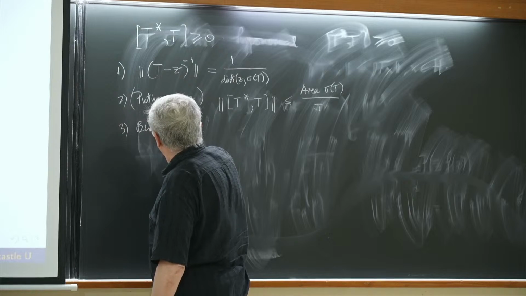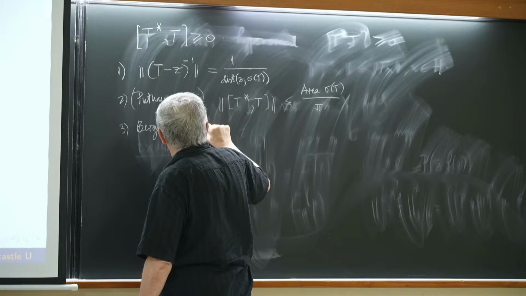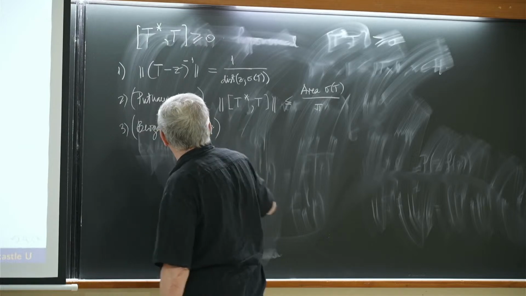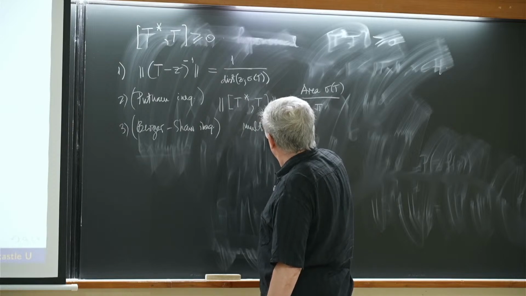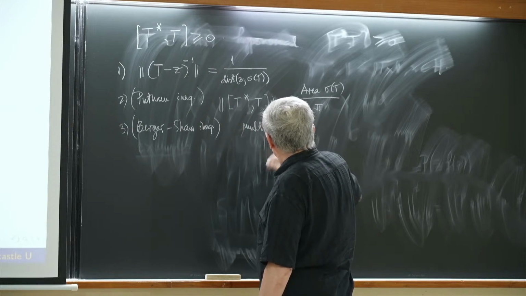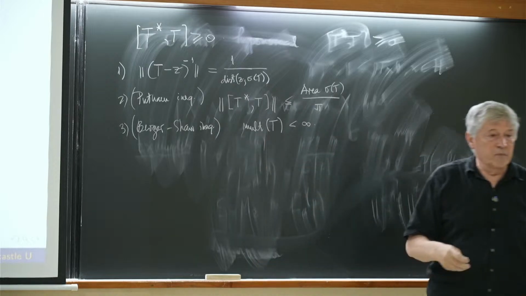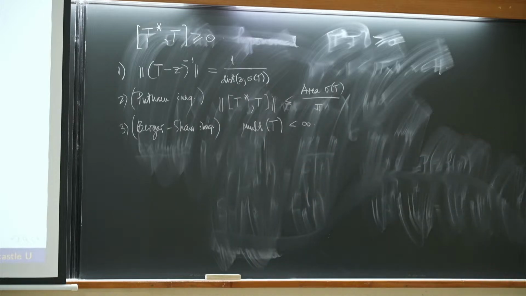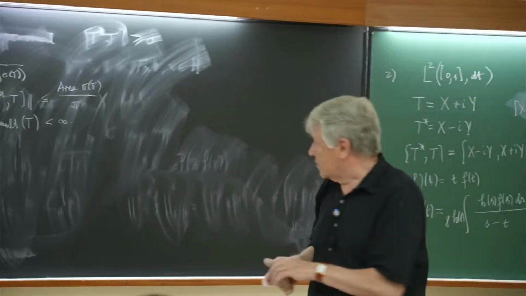Berger-Shaw inequality. Suppose that the multiplicity of T is finite. This means rational multiplicity: how many vectors you need to span the whole space, taking rational functions of T. Suppose it's 1. There is one vector which is cyclic for all rational functions.